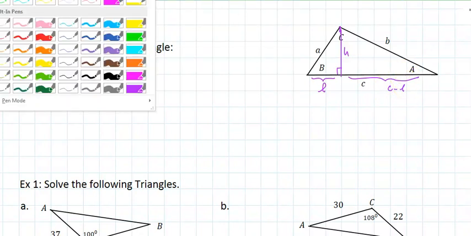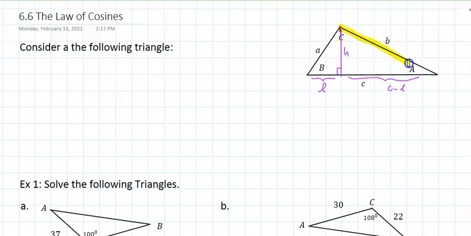Now if I take this triangle right here, I know that B squared equals H squared plus C minus L squared. I'll go on the side and look at this triangle.